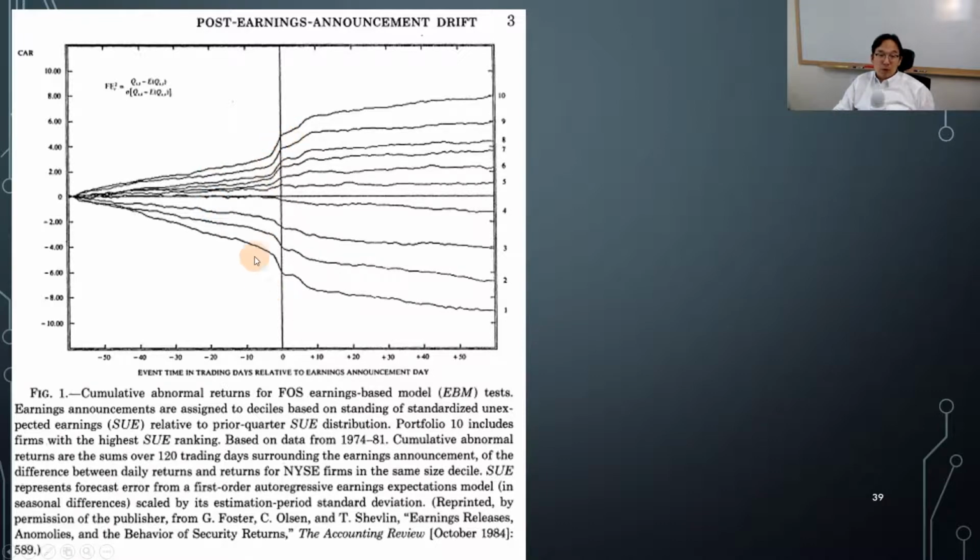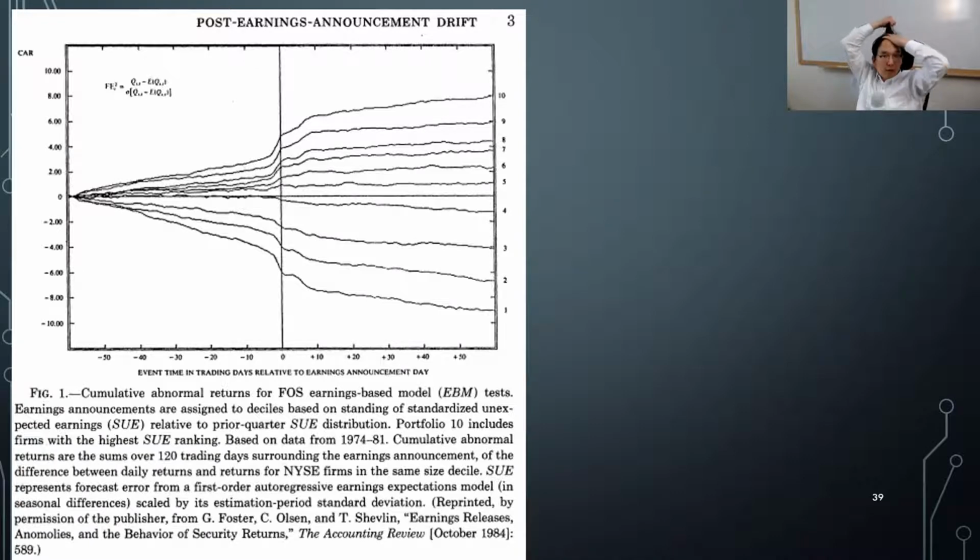You can see that the group of companies with the most negative earnings surprise, well, the price already starts to incorporate that information little by little, right? There is a pre-announcement movement, okay, like this. On the day of the announcement, you take out the daily response of the earnings announcement date.